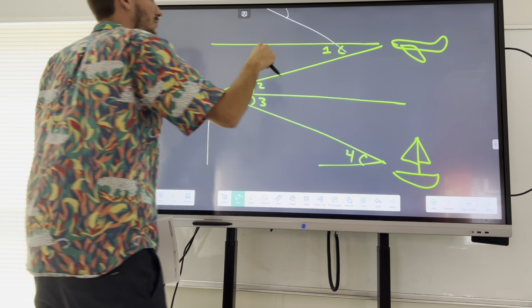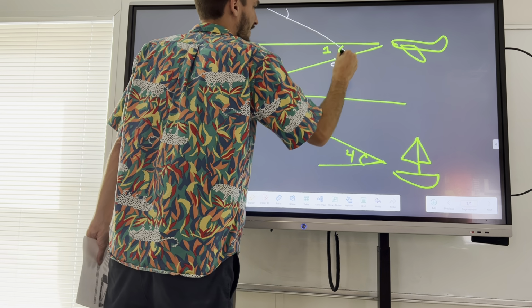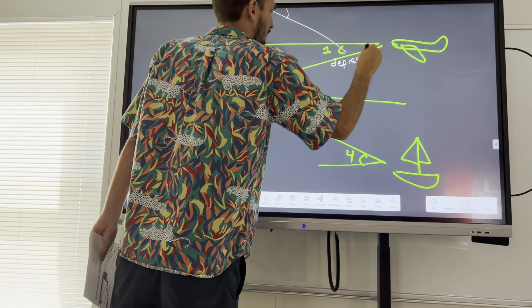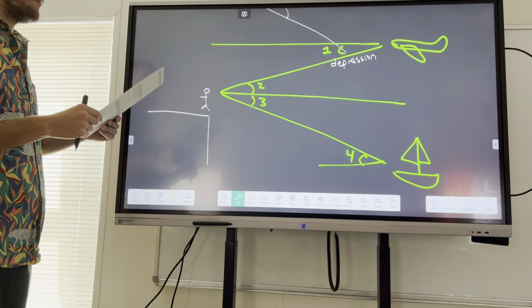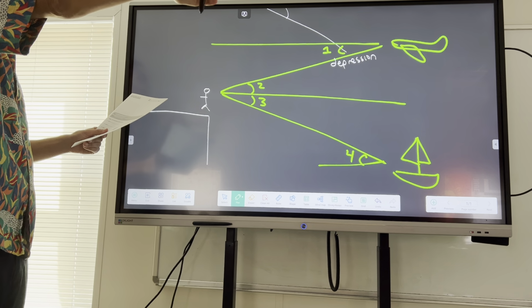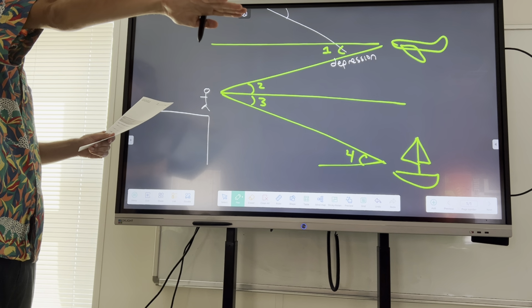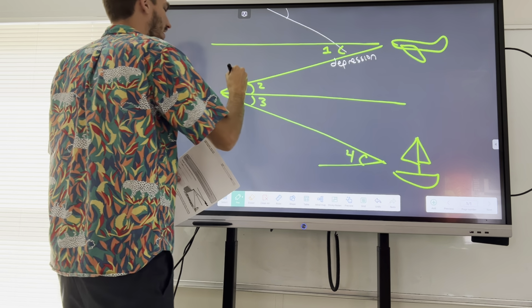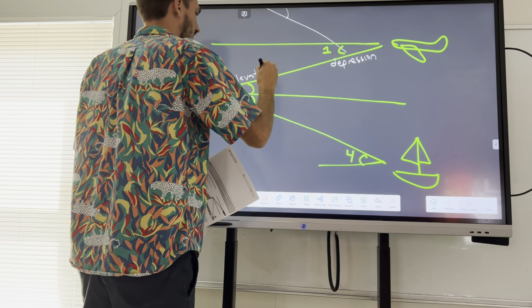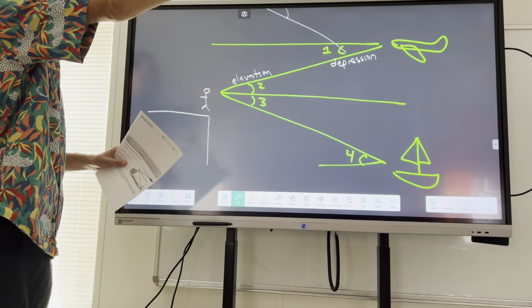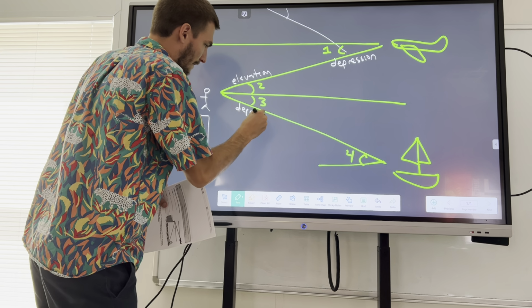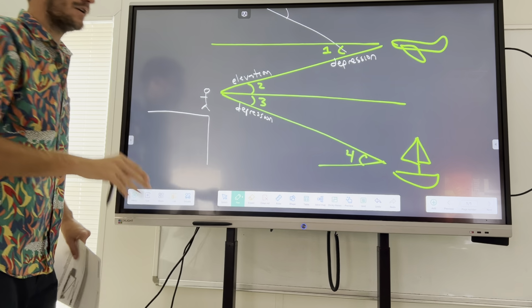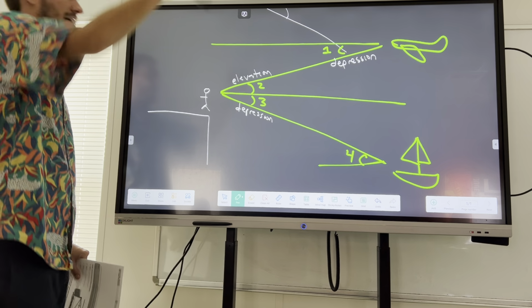Right, 1, we've got depression. For number 2, horizontally and then looking up, elevation. And then 3, horizontally, depression. And then 4, horizontally, elevation.